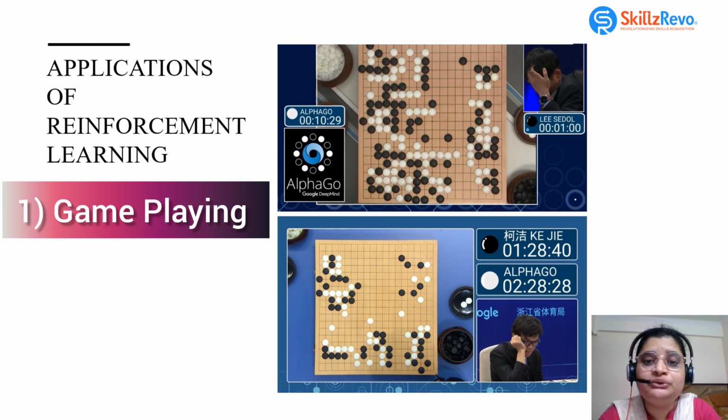The system utilized deep reinforcement learning, effectively integrating advanced neural networks, specifically a policy network for move selection and a value network for win prediction. This innovative architecture allowed AlphaGo to outperform human champions by mastering strategies through self-play and exploration, ultimately defeating the renowned player Lee Sedol in a historic match.